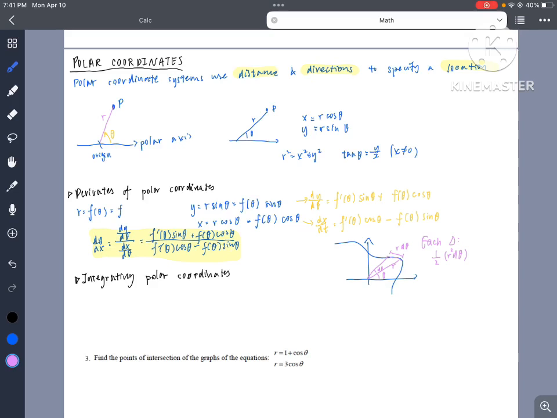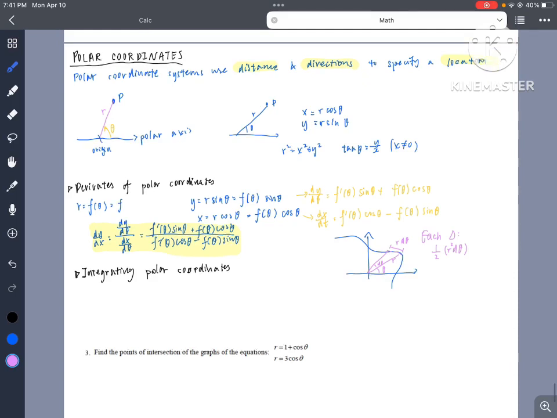So now how do we find the area? Well, we just need to add up all of these small triangles. So area is just the infinite sum of all of these triangles, which can be expressed as an integral from alpha to beta, which are the initial and final angles.